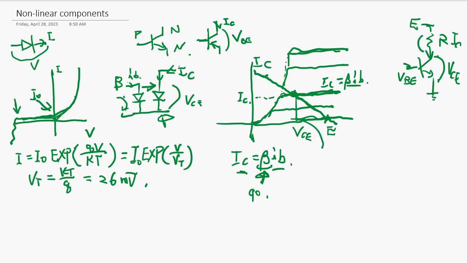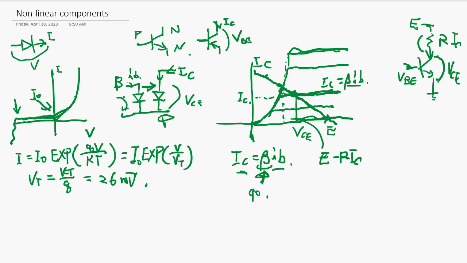So it's going to be E minus R IC. Basically, when it reaches this voltage, this voltage goes down further and the current is reduced.